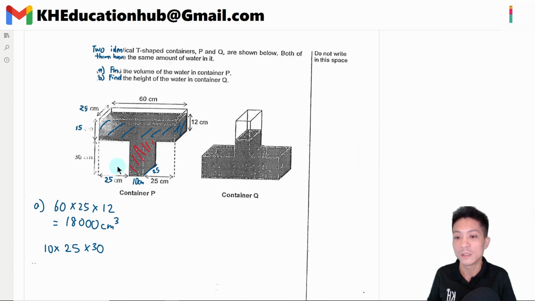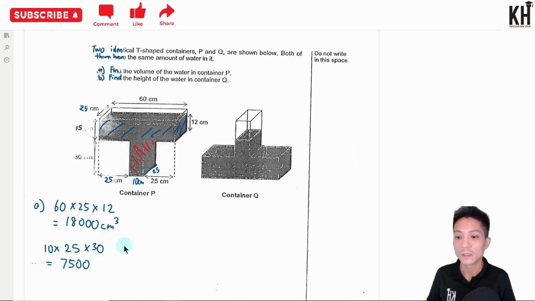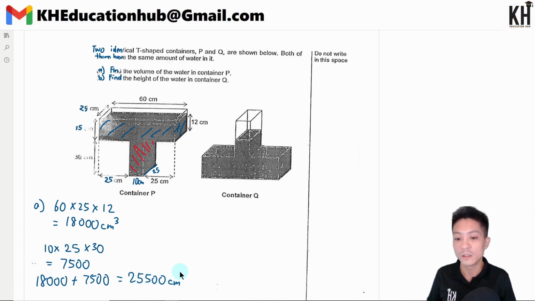This will give me 10 times 25 times 30, which is 7,500. So the total volume of water will be 18,000 plus 7,500, which is 25,500 cubic cm.